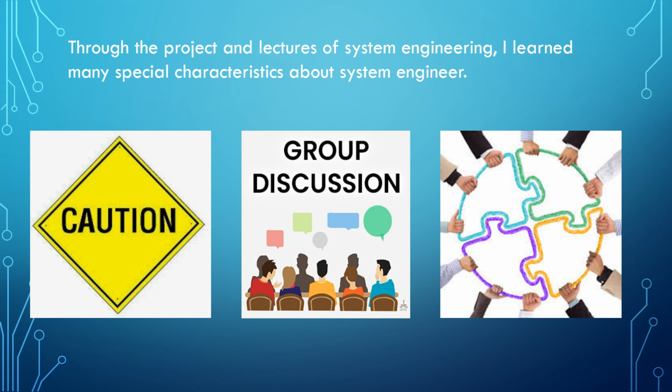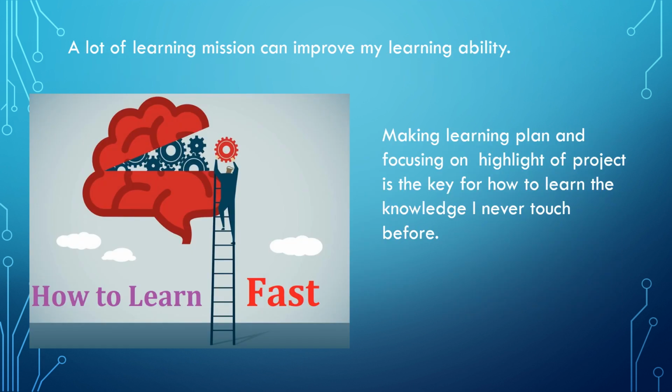Maybe one person's idea has a shortage. More discussion can help us to find the shortage and to solve it. The last one is teamwork. How to bring the power together. Teamwork is the only way to make them come true. So these three characteristics are what I learned from the project and the lecture of the system engineering.